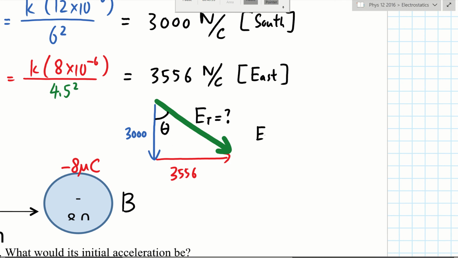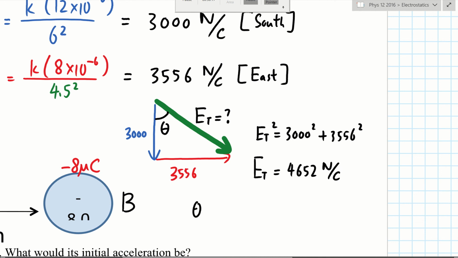So you get E total squared equals 3000 squared plus 3556 squared. You can take a square root. So your total electric field is 4652 Newton per Coulomb. You can also get the angle, which is from tangent. So inverse tangent, opposite over adjacent.